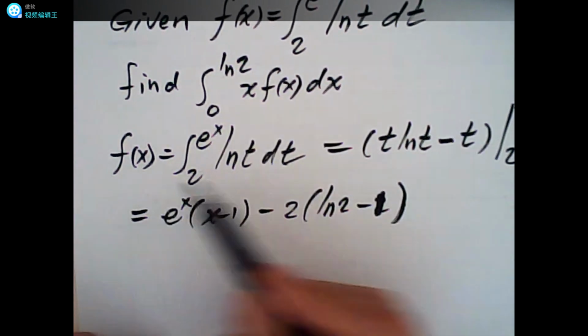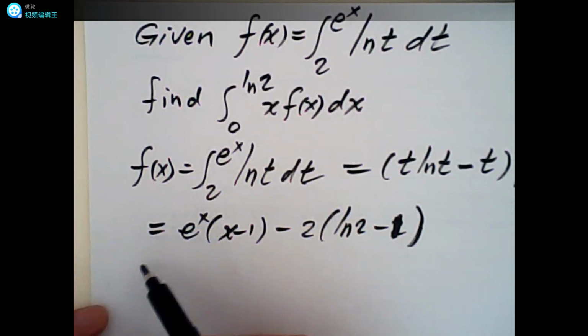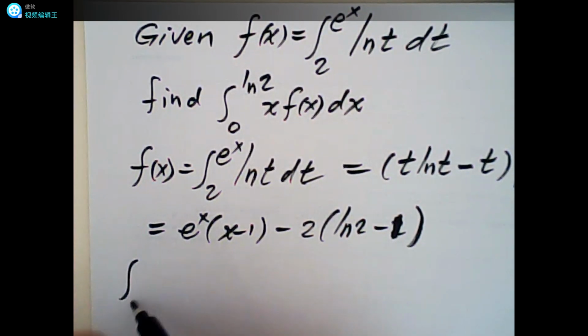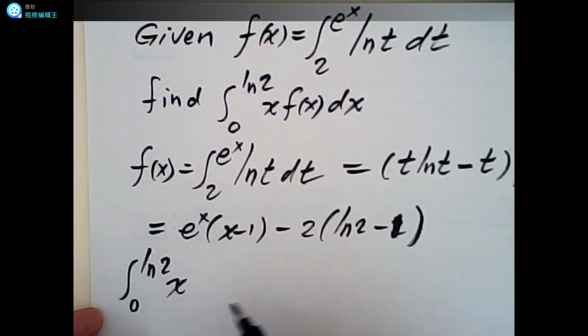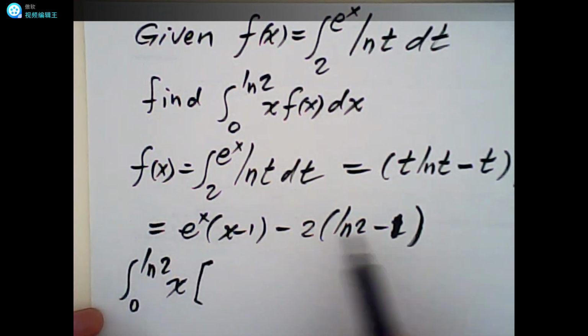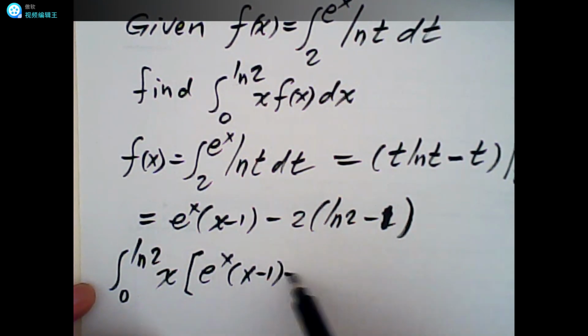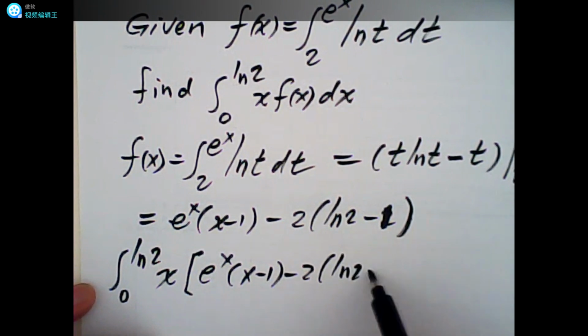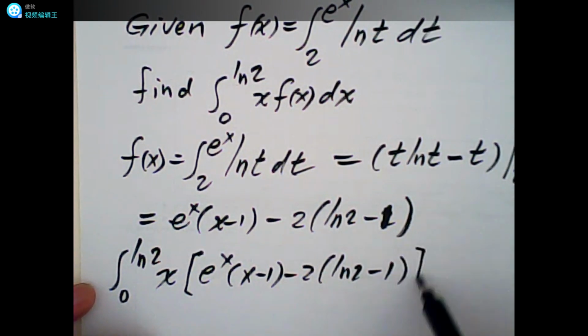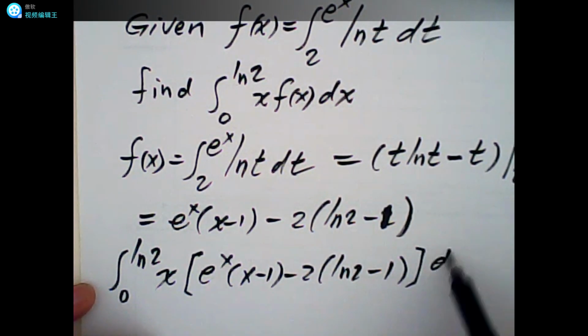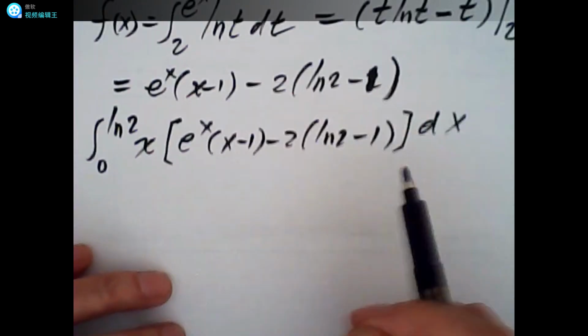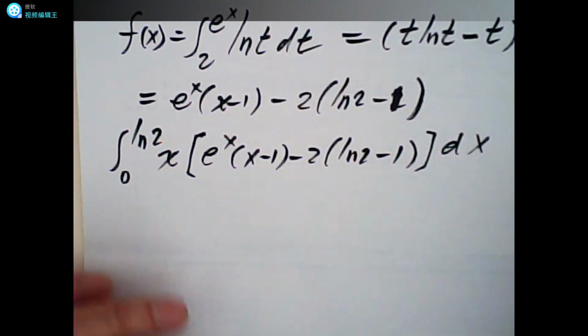Then I put this one into the integral, therefore we can find the integral from 0 to log 2 of log x times this f of x, which is e to the x (x minus 1) minus 2 log 2 minus 1, and dx, right? So, as I said, method one just does directly as it says.